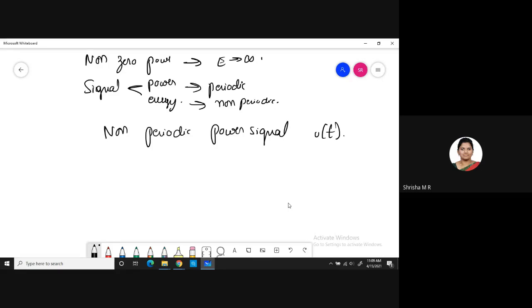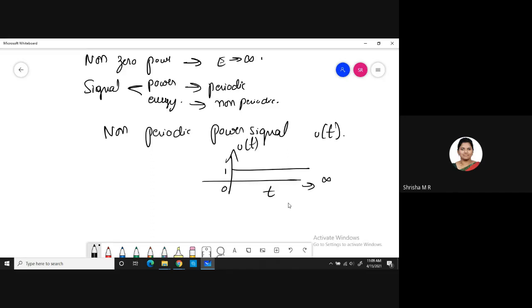Here, unit step u of t is something like this, right? It exists from t equal to 0 up to infinity with amplitude 1. This is a non-periodic power signal.